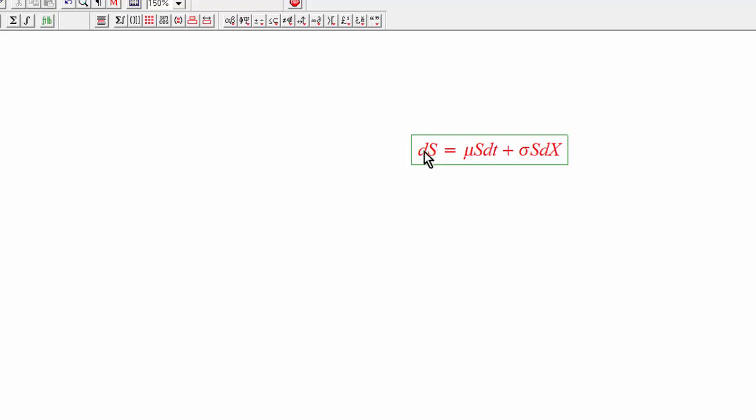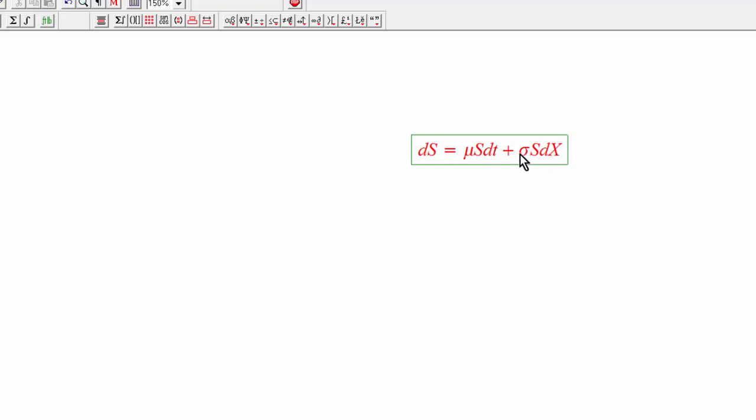So dS would be this change in the stock price. I would add the dS to the old value of the stock to get the new value of the stock. And it was mu S dt. S is the current stock price, mu is the drift. dt then essentially scales the drift to daily, so dt would be 1 over 252 if we're talking about daily, 1 over 12 if we're talking about monthly.